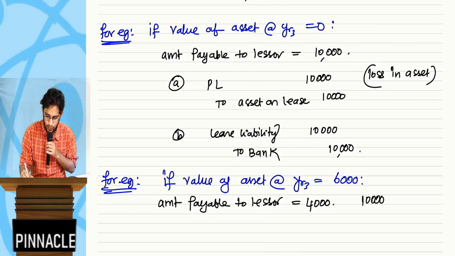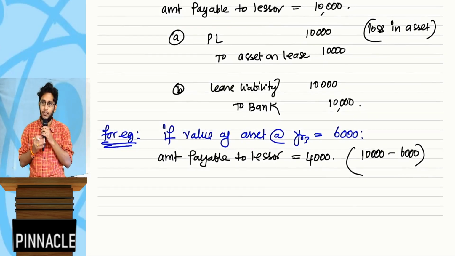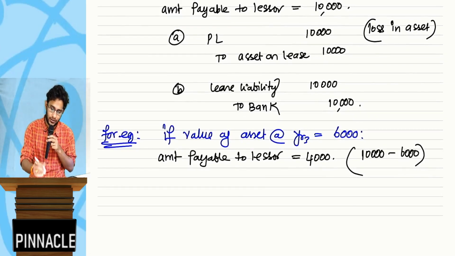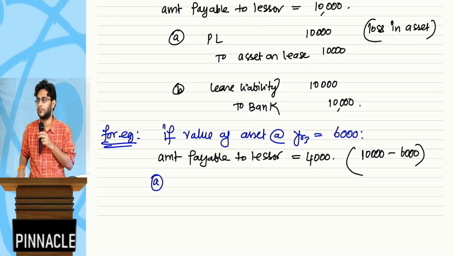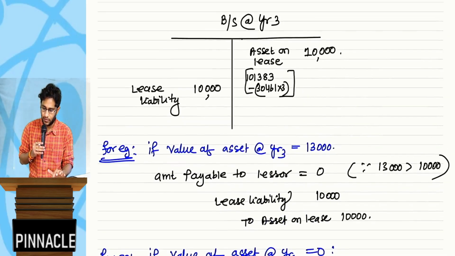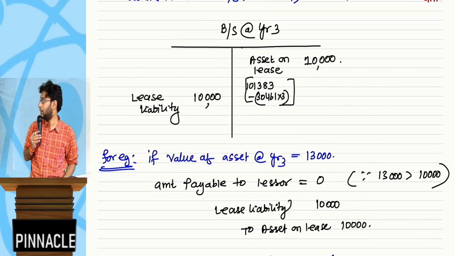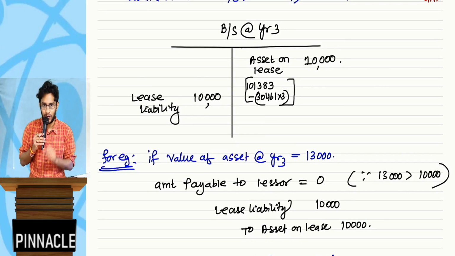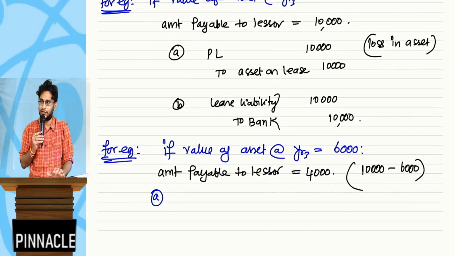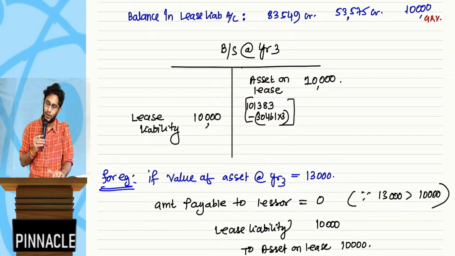The 10,000 I promised, 6,000 is the value, so 4,000 I owe him. Entries, sir, entries. Feeling correct, maths. Accounting now. Balance sheet position, always remember. How much liability did I record? 10,000, of which I have to pay only 4,000. It is 6,000 extra, not required. And the asset is appearing at 10,000.